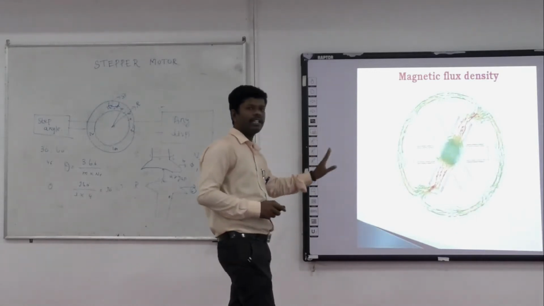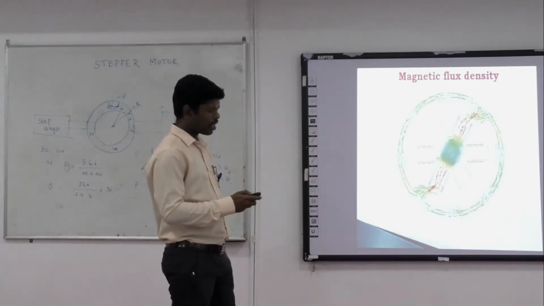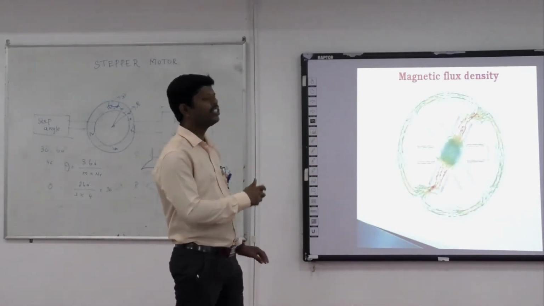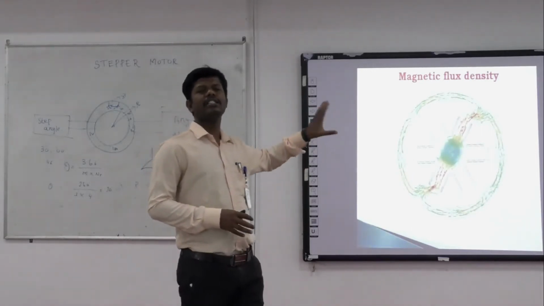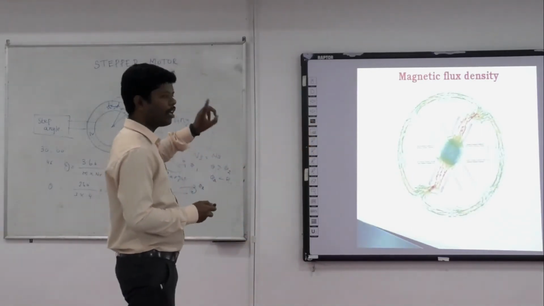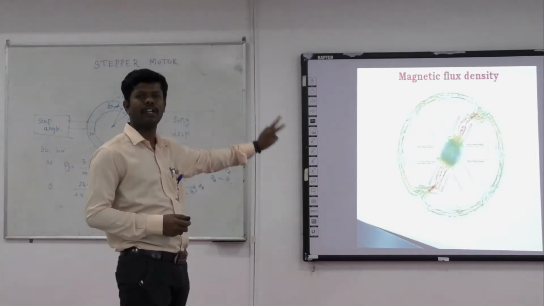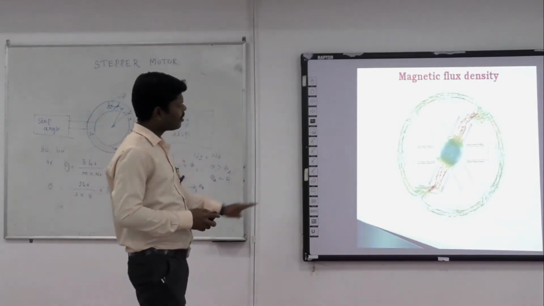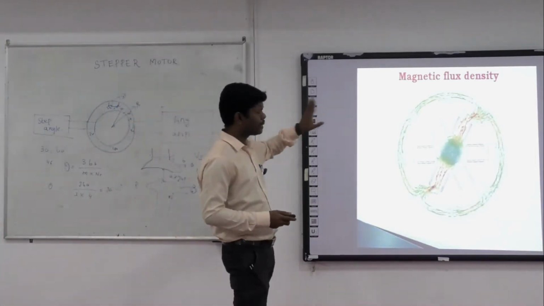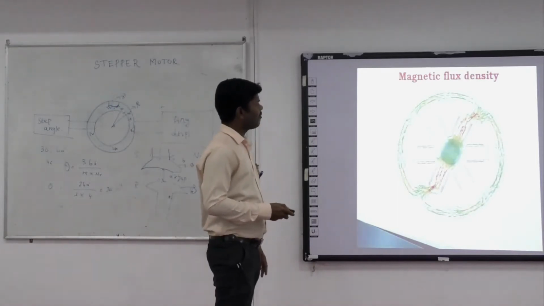So NR equals NS. This is the basic principle of the stepper motor, the magnetic flux density produced by it. All three types of stepper motor, variable reluctance, permanent magnet and hybrid, work on this basic principle.